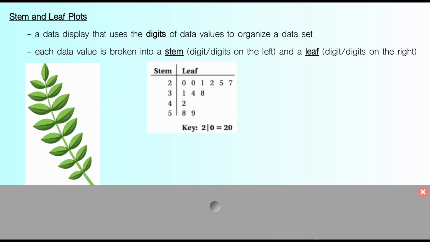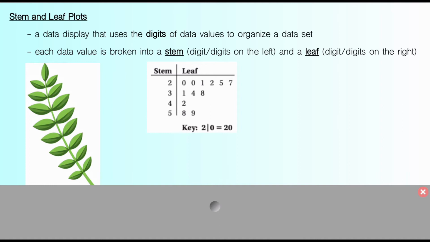Like I said, we previously did a data display called a dot plot. That took each data value and represented it with a dot on a plot. This instead takes each of those data values and organizes it by its digits. And it breaks each data value into a stem. The stem is the first digit or digits, if you had like a 3-digit number, that are to the left.